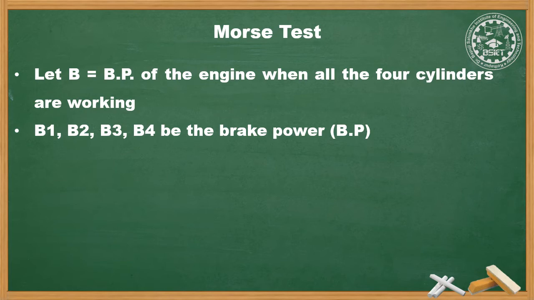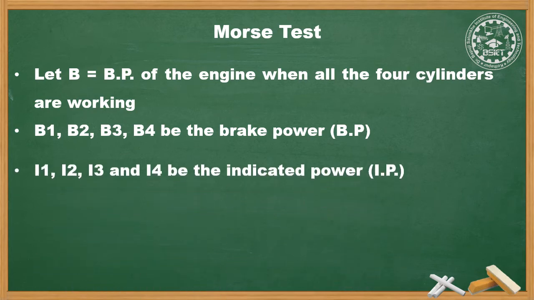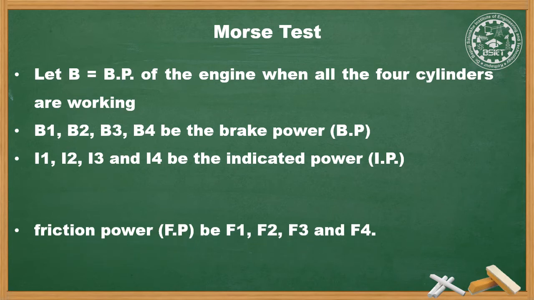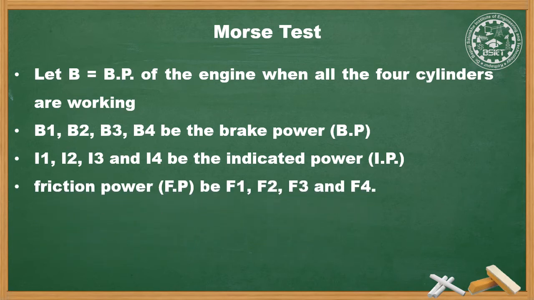And when the fourth cylinder is cut off, the brake power will be B4. Similarly, I1, I2, I3 and I4 stand for indicated power, and F1, F2, F3 and F4 for friction power.